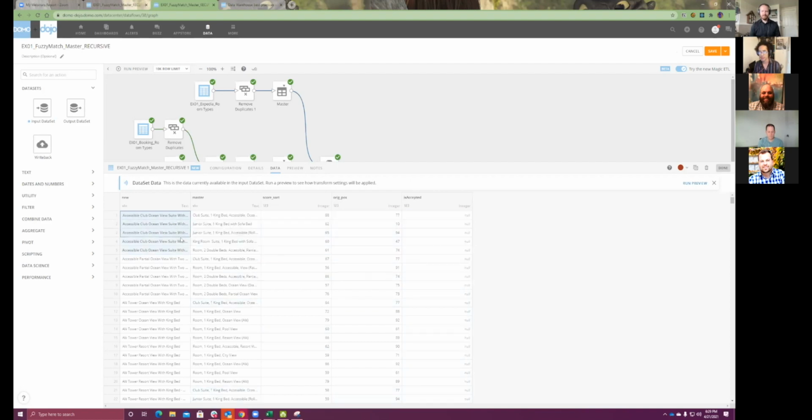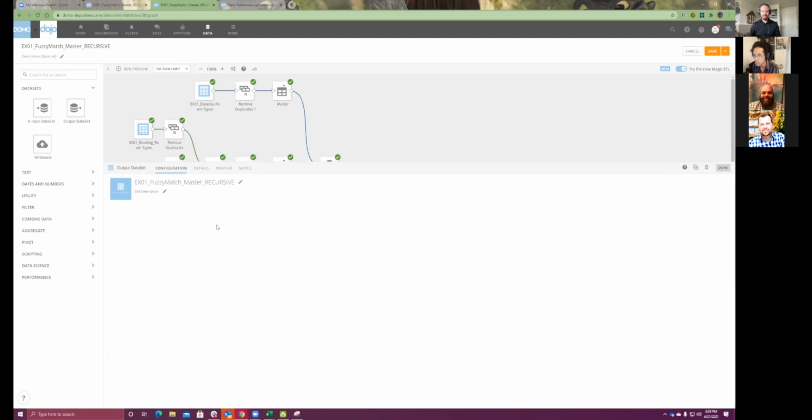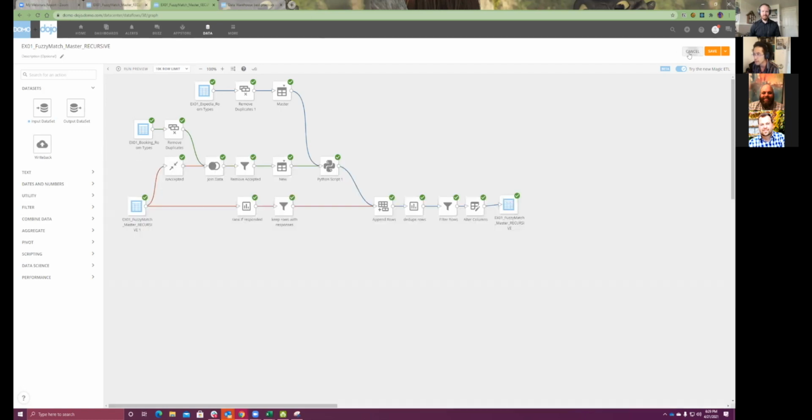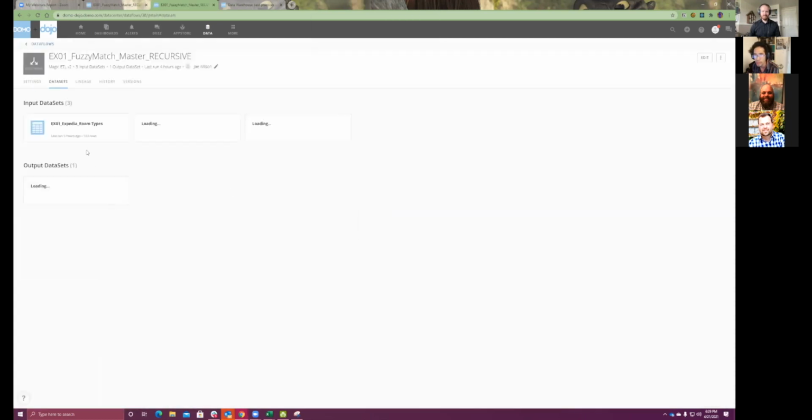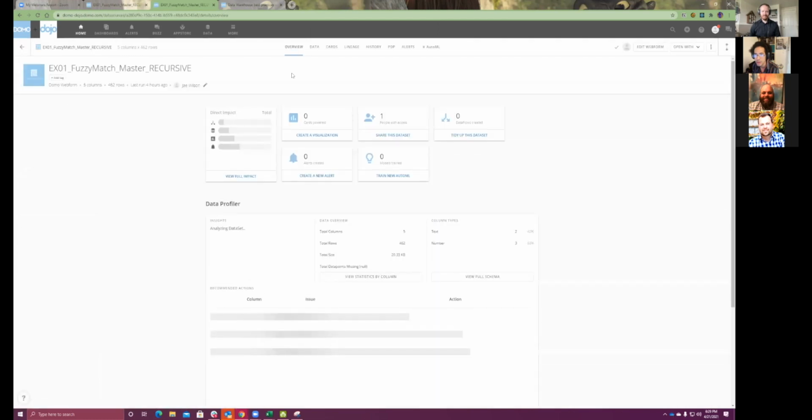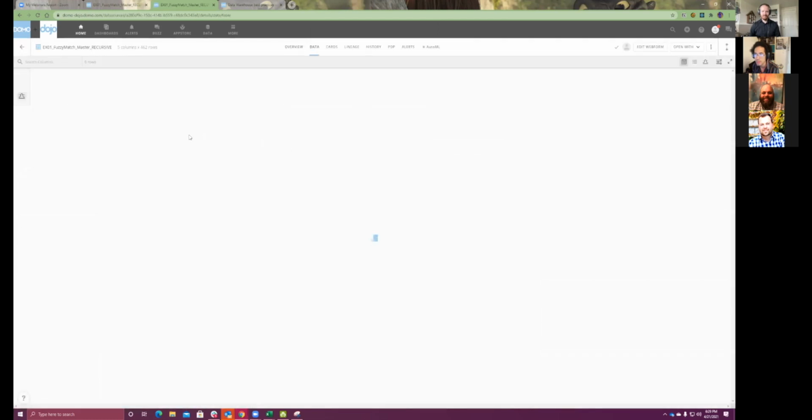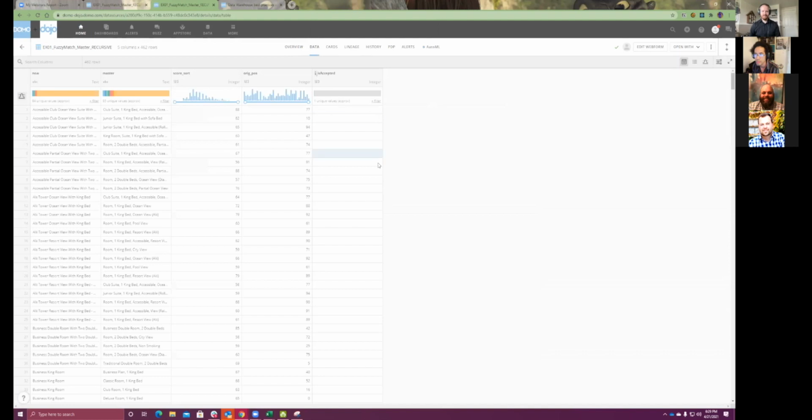But my point is we're creating this business process where we're capturing the input after you run our recursive data flow here. And so that output will look something like this, where I've confirmed that these are matches, and now I get to go through the process of confirming the rest of these matches.